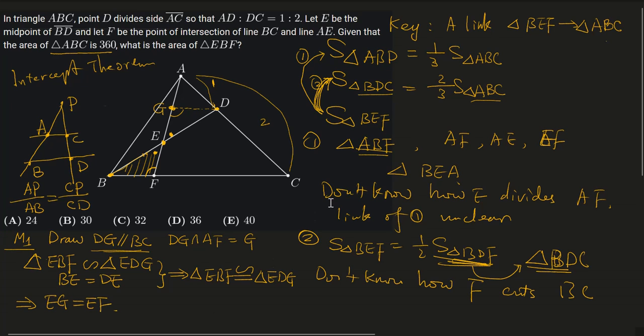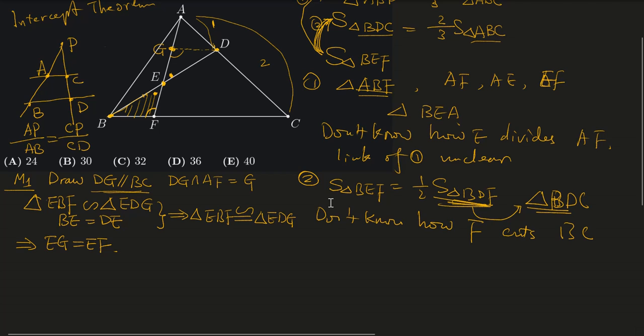Let's scroll down a little bit. Now don't forget, the whole reason we want to draw this DG is that we want to convert this relationship AD to DC to some line segments on line AF.